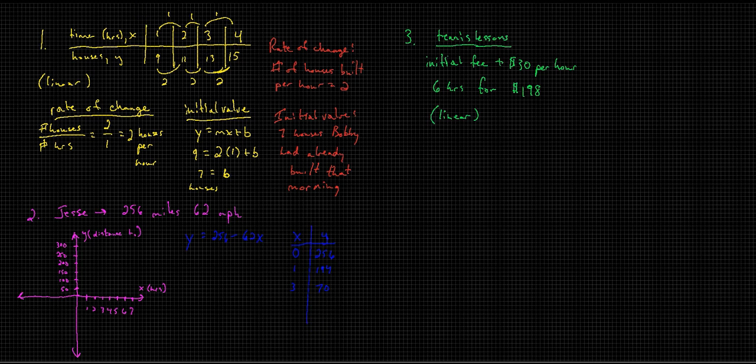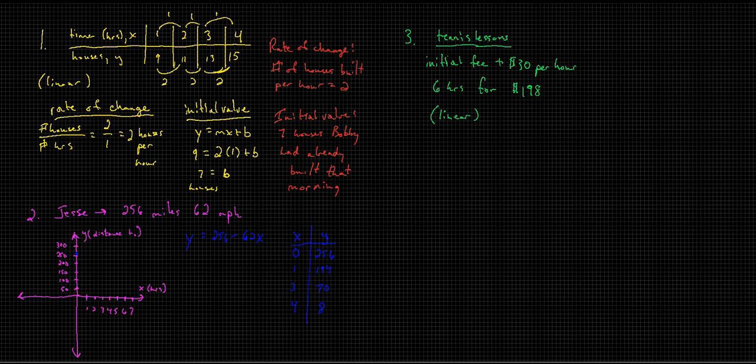And at 4, we have 248 for 62 times our 4, which is going to leave us with 256 minus 248 is 8. So what we're looking at here, we'll plot these points: 0, 256. That's going to be right about here.